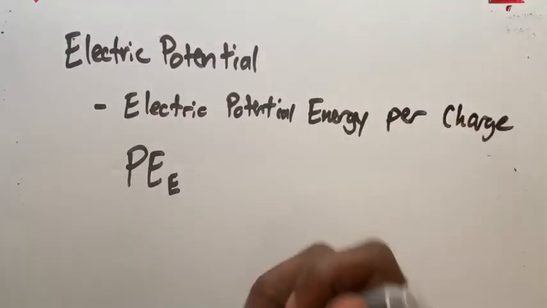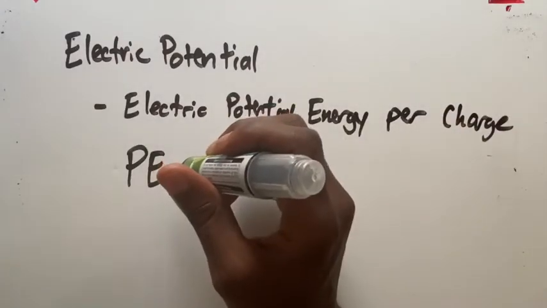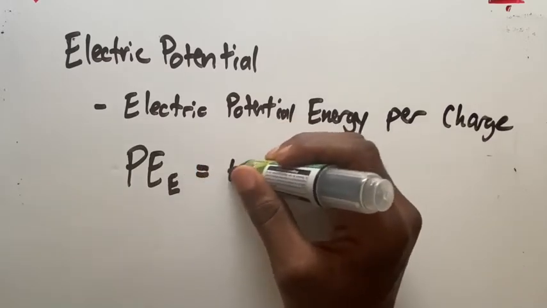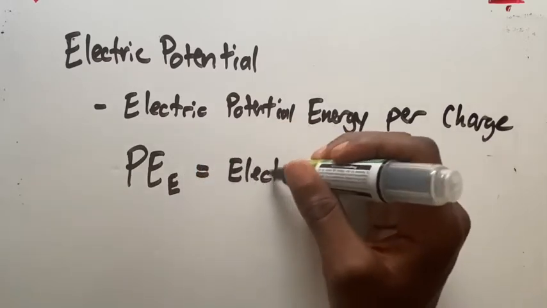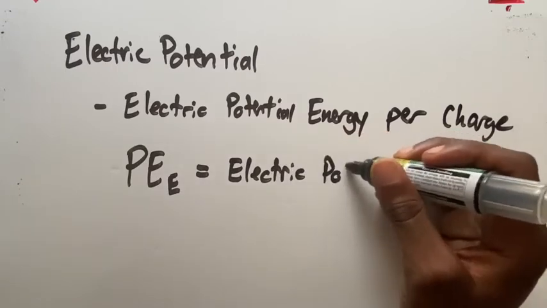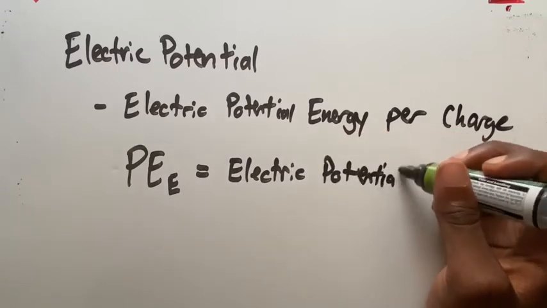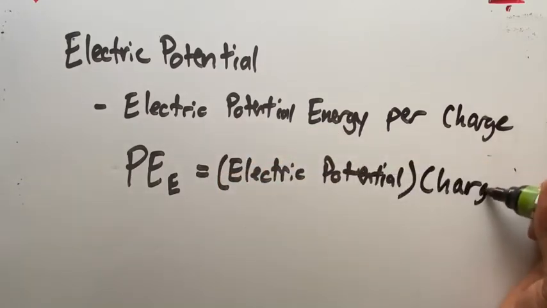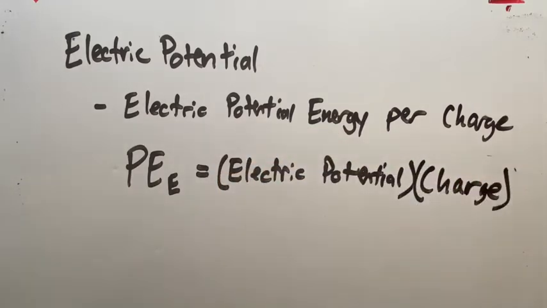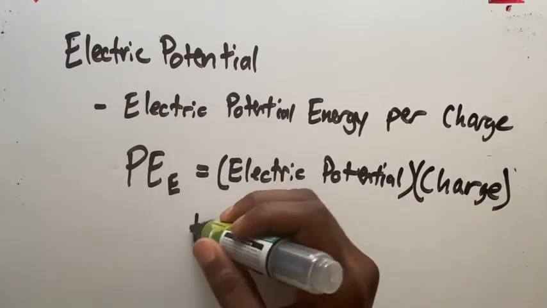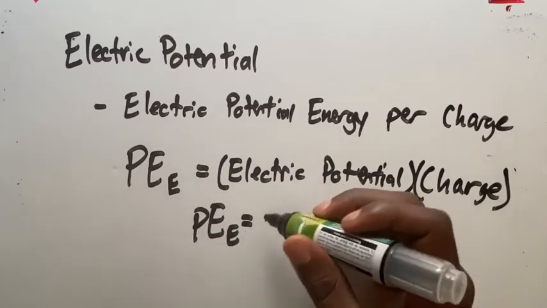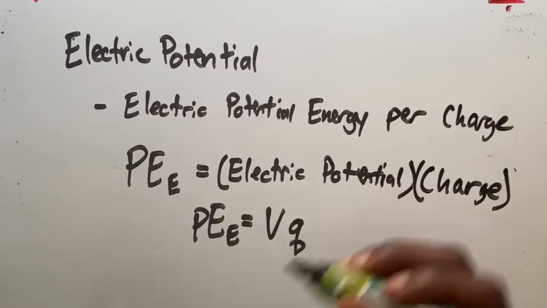Well, yeah, it's given by the electric potential times the charge, or maybe I should write it like this, VQ.